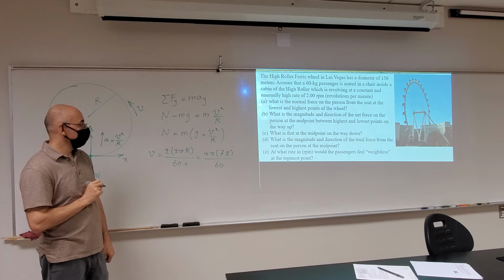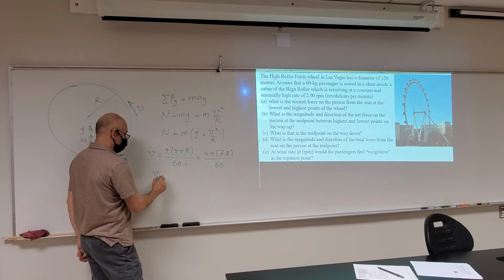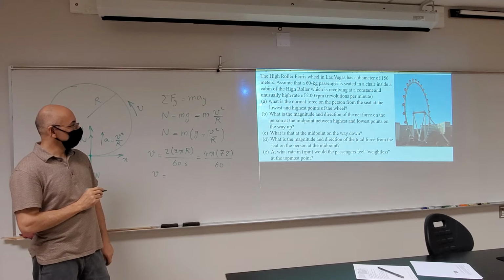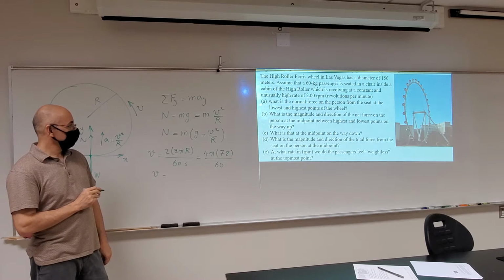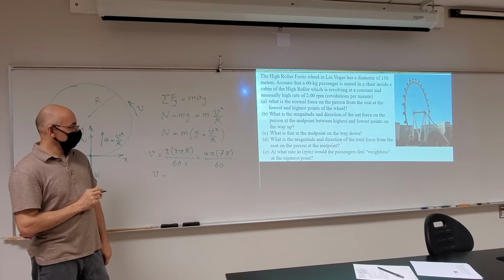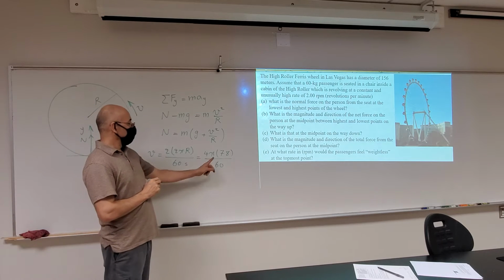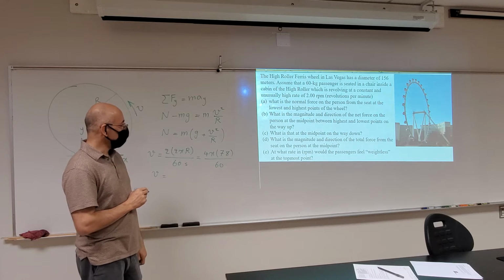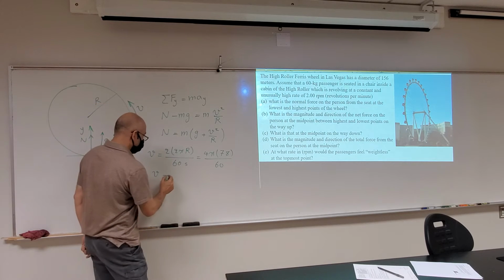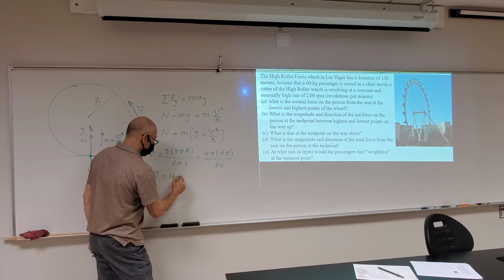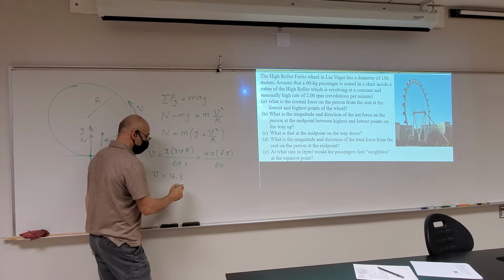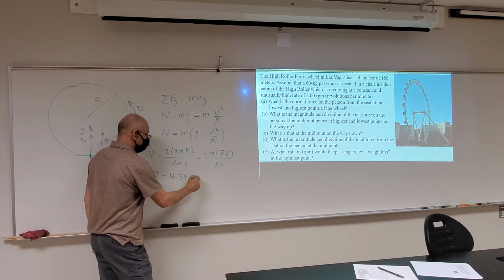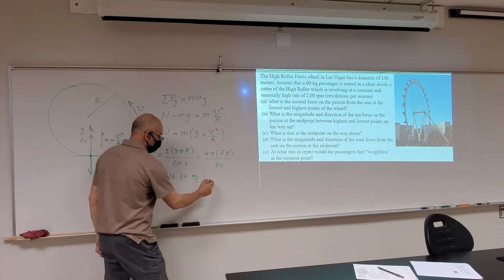What is that? Pi over 15 times 78. 16.3. What's the next digit? 3, 4. Yeah, 16.34 meters per second. What is v squared?